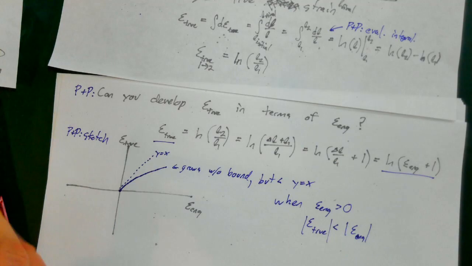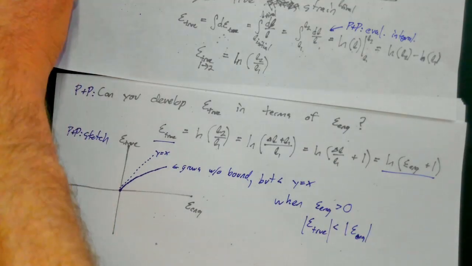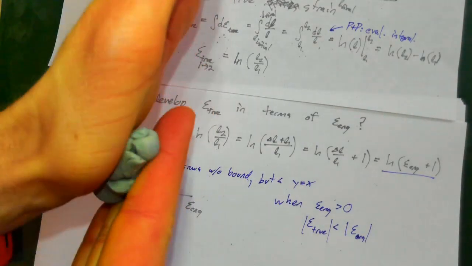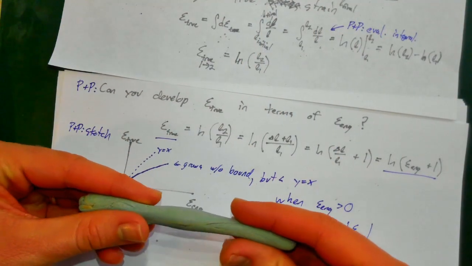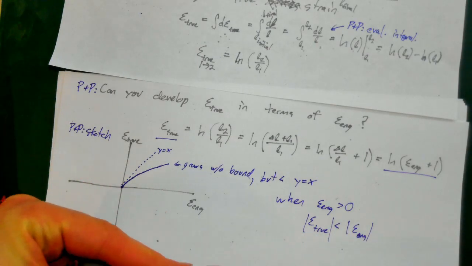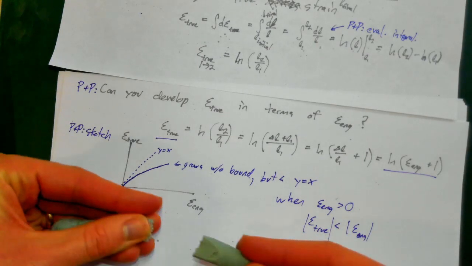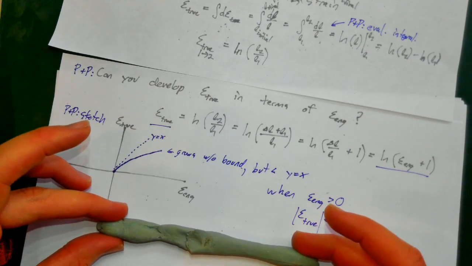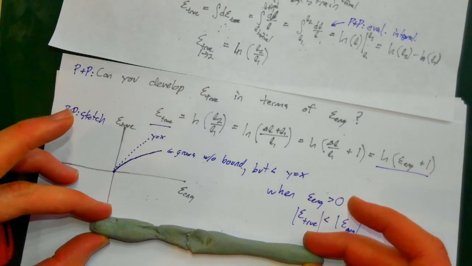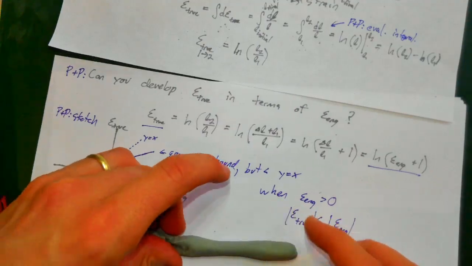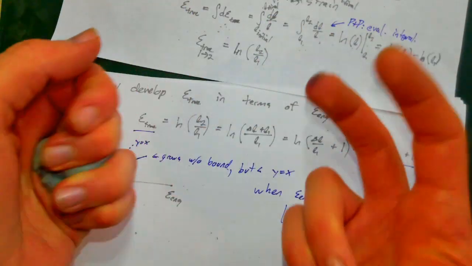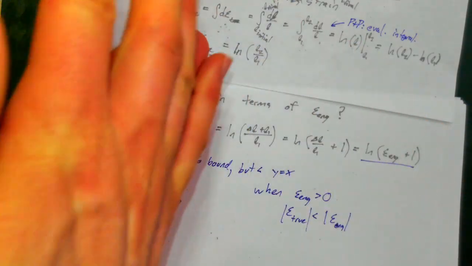So what sense does this make? Well, that gets back to this idea of the plateau, where at large values of strain, once I've already stretched this material out a whole lot, that last little bit of stretch doesn't mean as much as the first little bit in terms of how the material experiences strain.